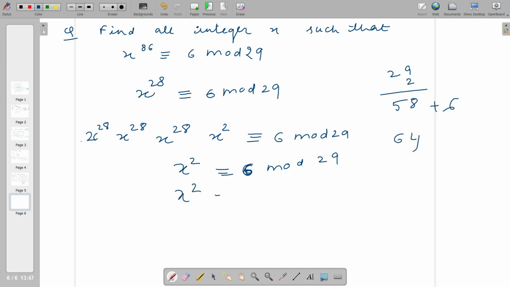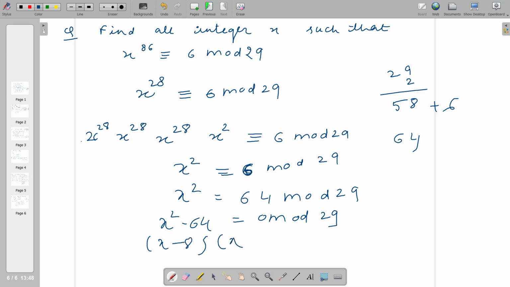So x square is equal to 64 mod 29. So we can write x square minus 64 is equal to 0 mod 29, and it will be x minus 8 and x plus 8 is congruent to 0 mod 29. So the value of x can be 8 and x can be minus 8.